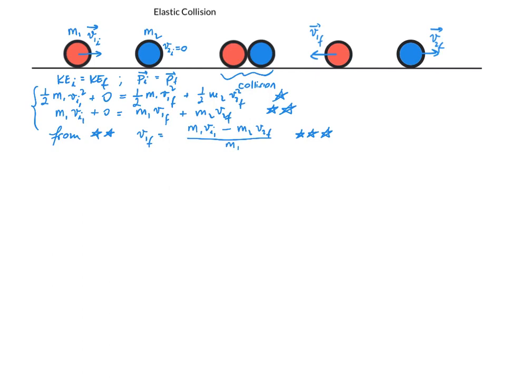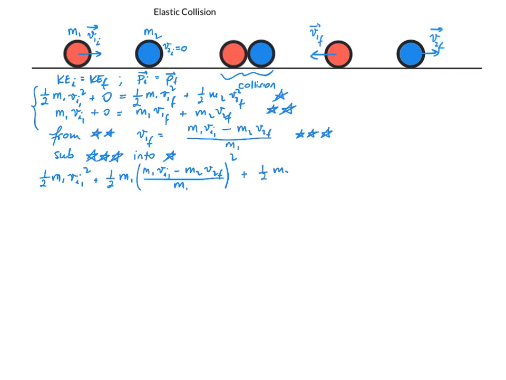Now if I substitute the triple star equation into the one star equation, then I have 1/2 m1 v1 initial squared equals 1/2 m1, and now I'm substituting the v1 final, so I have m1 v1 initial minus m2 v2 final divided by m1, quantity squared, plus 1/2 m2 v2 final squared.